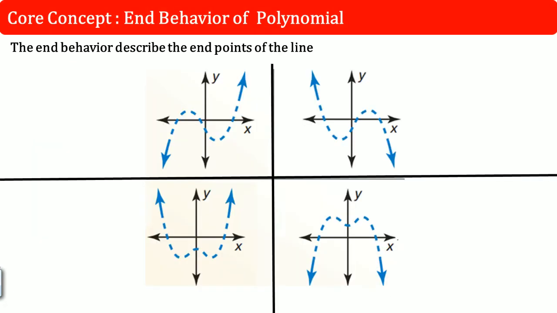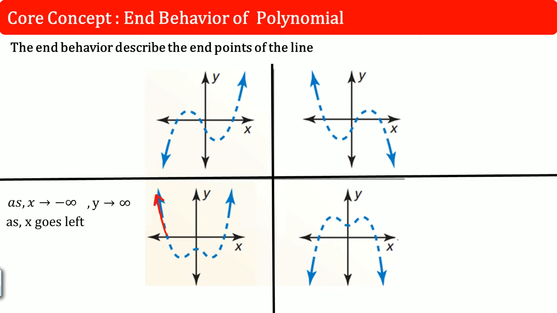There are four possible cases. The first case, we are going to look at the bottom left-hand side. As x goes to the left, what happens? We saw that it's going to go up.